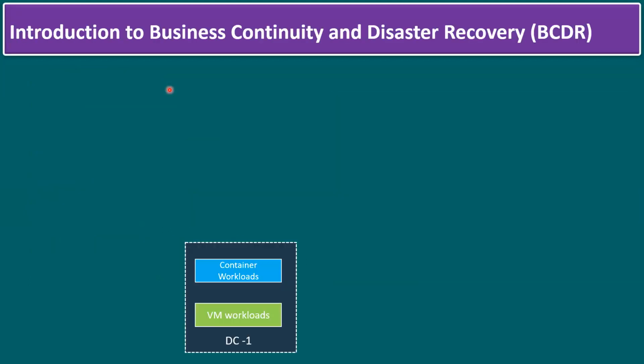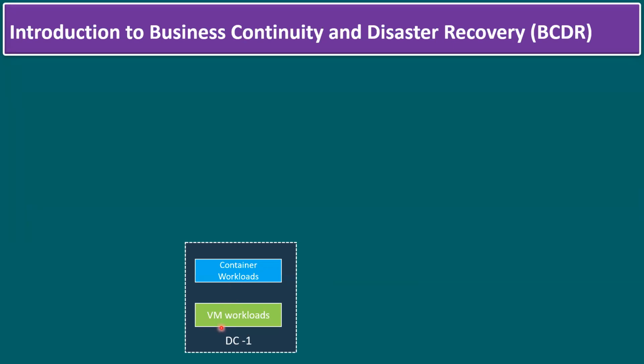Introduction to business continuity and disaster recovery. In general, every organization needs infrastructure to run their workloads at the virtual machine level and container level. Most organizations these days have all the infrastructure applications running on virtual machines and some applications running on container workloads. So the common workloads within a data center are container workloads and VM workloads.